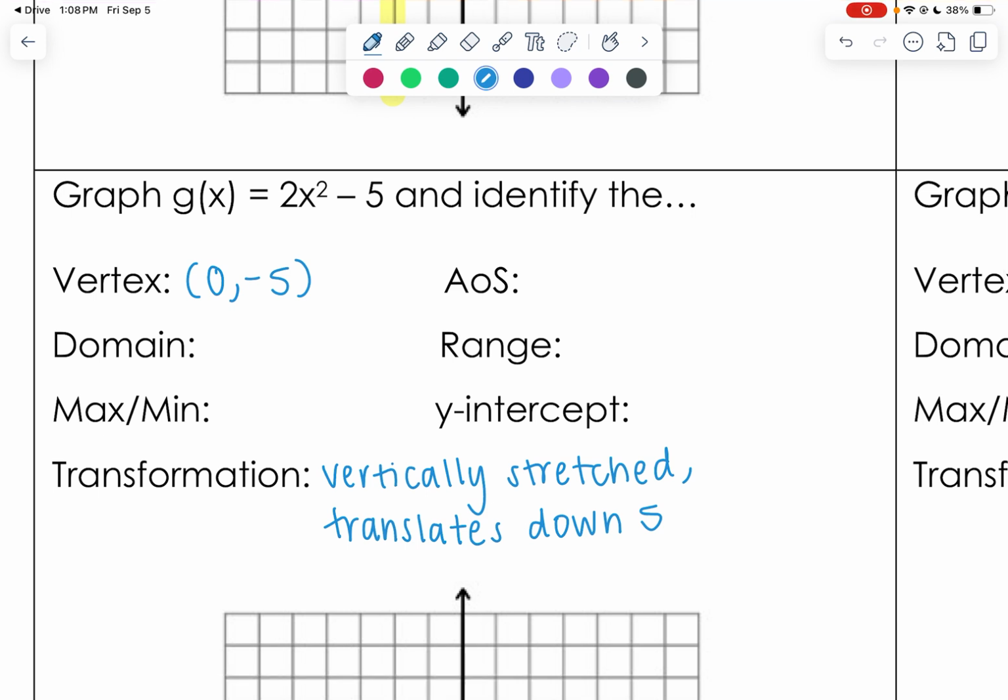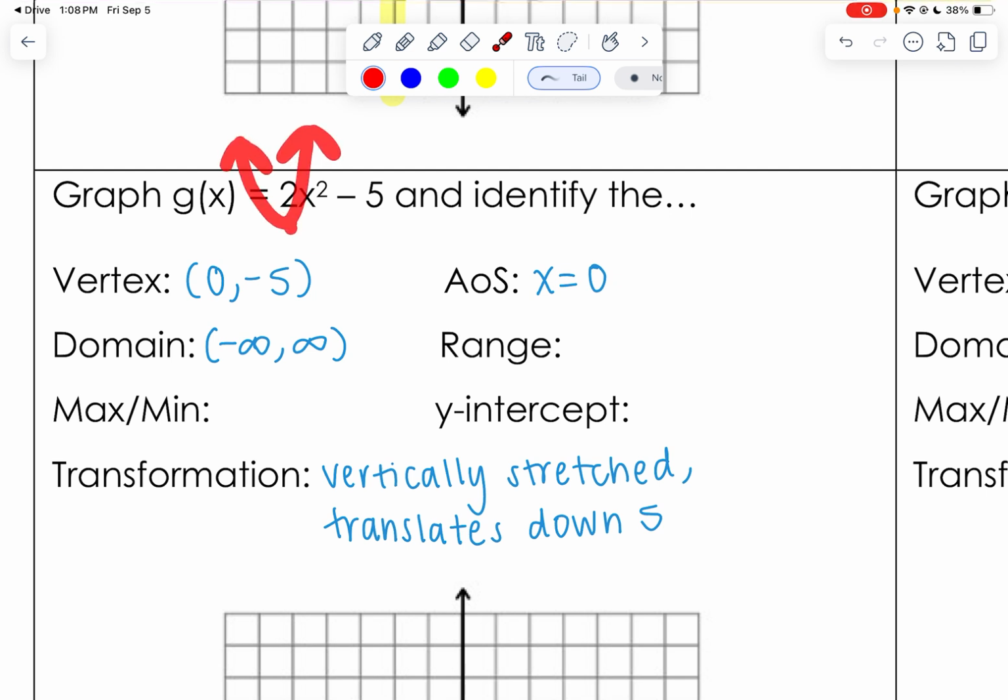Okay. My domain I know is negative infinity to infinity. My axis of symmetry is going to go with the h, so x equals 0. If I'm not translating left or right at all, that would just be 0, right? Okay. Now I know that this parabola is going up. So that means that my vertex would be your min at negative 5. Okay, remember that your max or min is going to be the y coordinate of the vertex.